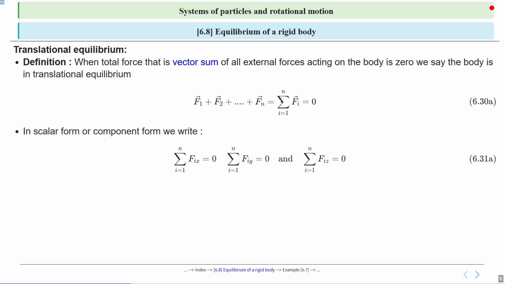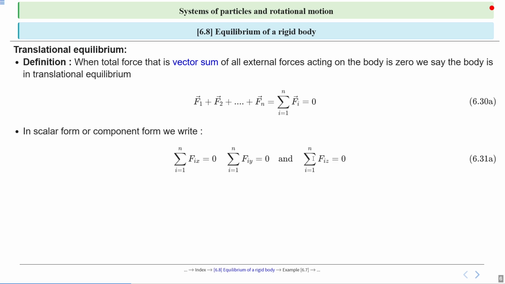In scalar form or component form, we write summation i equal to 1 to n Fix equal to 0, summation i equal to 1 to n Fiy equal to 0, and summation i equal to 1 to n Fiz equal to 0. So this is the scalar form of the force.